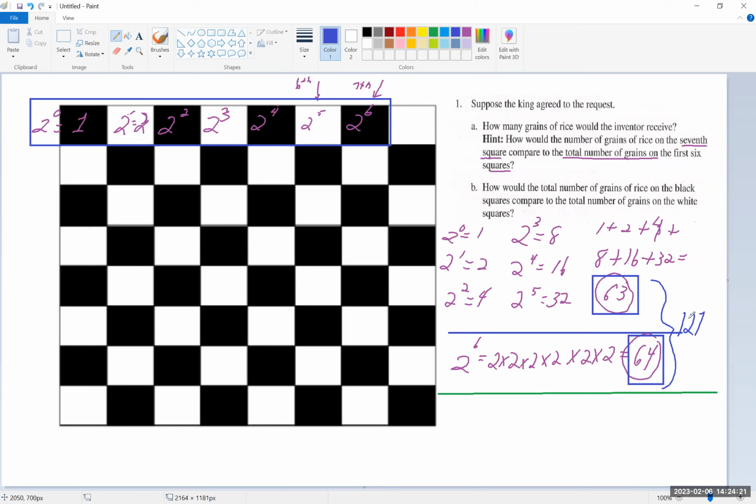Okay. Well, let's see what happens over here. This one, I'm going to do it in green just to separate it out a little bit. This is 2 to the 7th power.